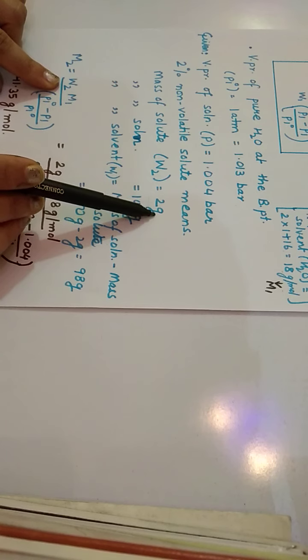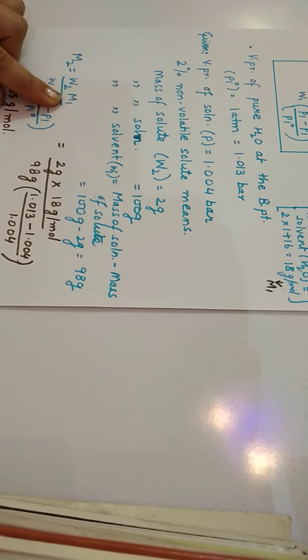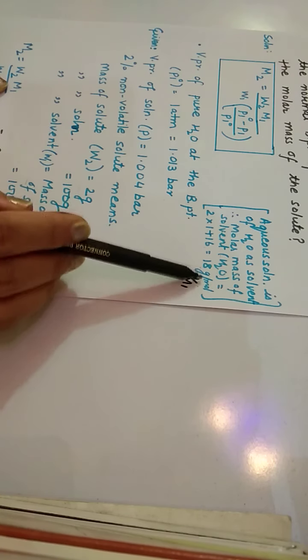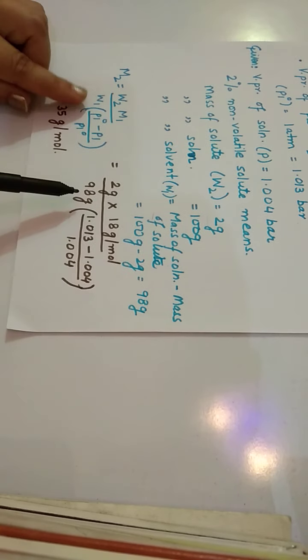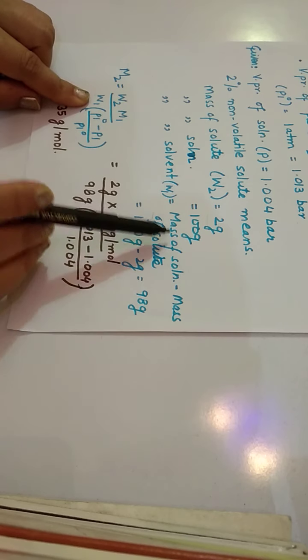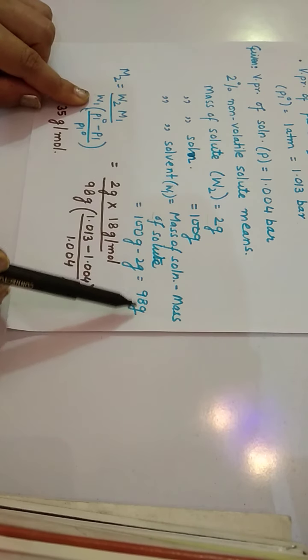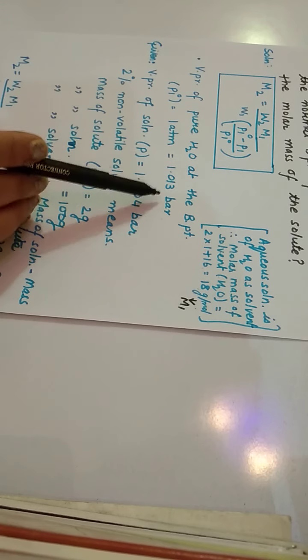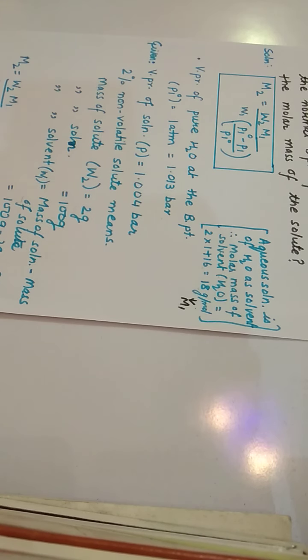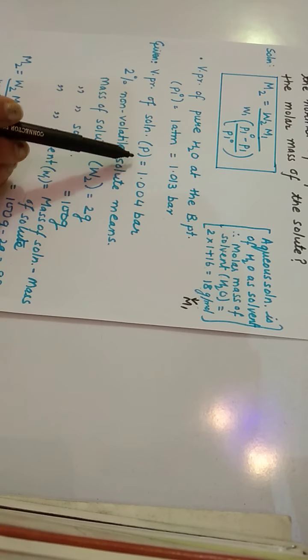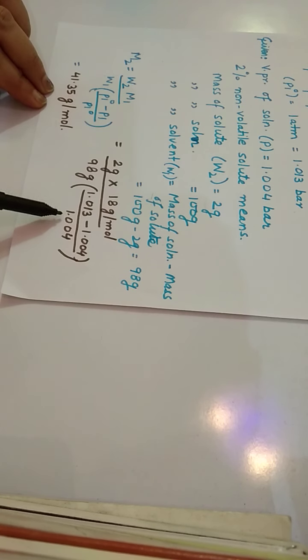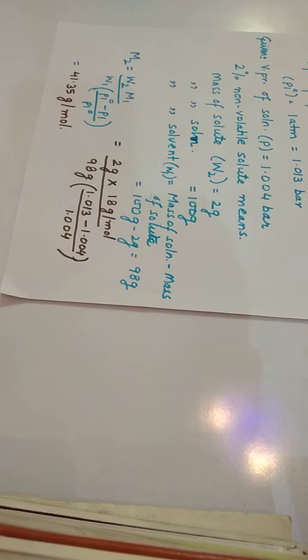Children, mass of solute given in the question 2 gram, into M1, molar mass of the solvent, that is water, H2O, is equals to 18 gram per mole, this into 18 upon, this is mass of the solvent, mass of solution minus mass of solute, it is coming out to be equal to 98 gram, into P1 naught, that is of pure solvent vapor pressure, 1.013, minus P1, P1 is the vapor pressure of the solution given in the question, 1.004 bar, upon P1 naught, 1.013. It is equals to 41.35 gram per mole. So this is the molar mass of the solute.